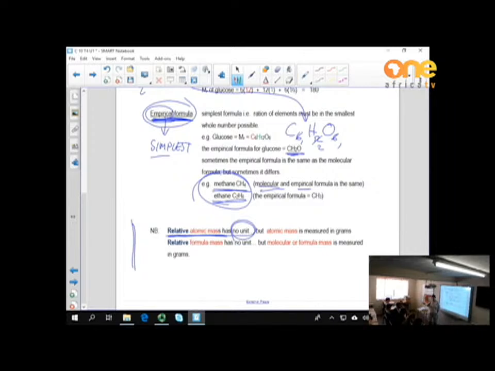Then when we refer to molar mass, it is measured in grams. The moment you see the word relative, there are no units. Okay, I'll stop there.